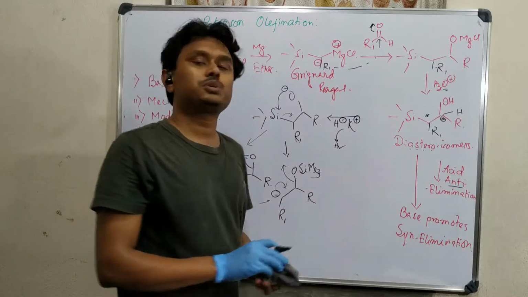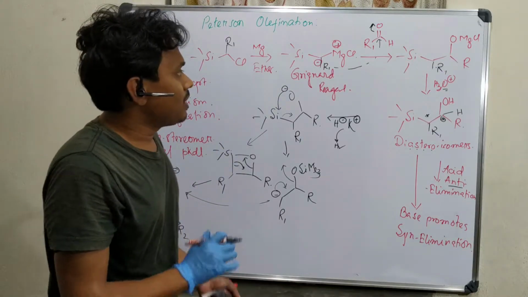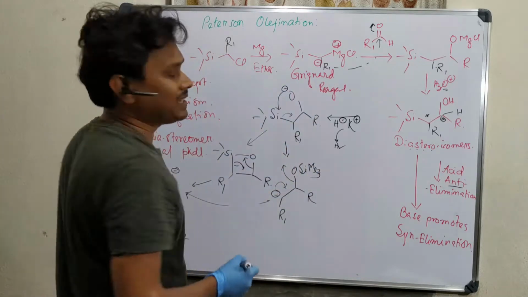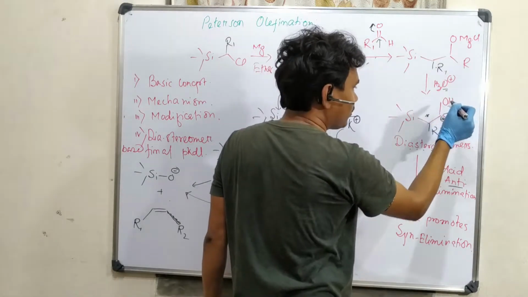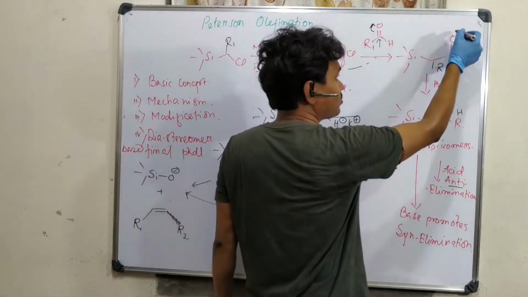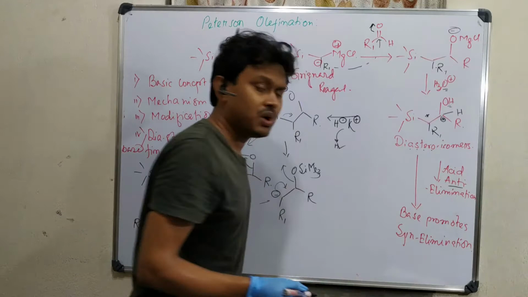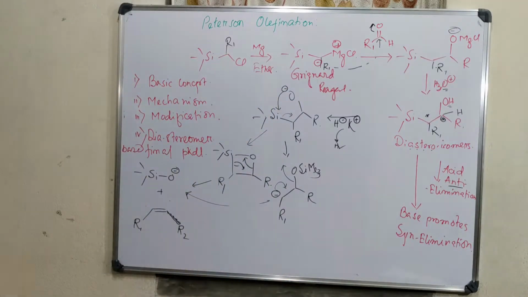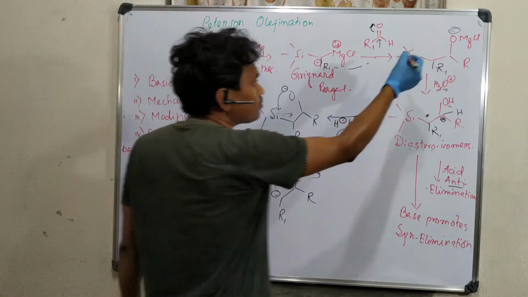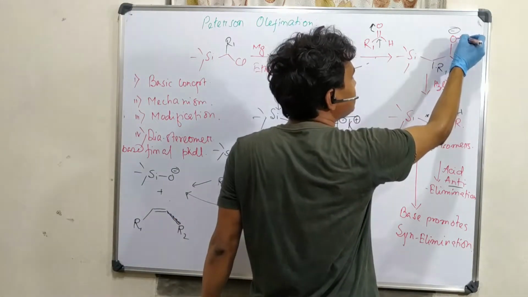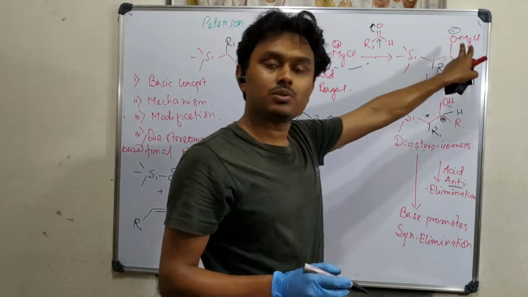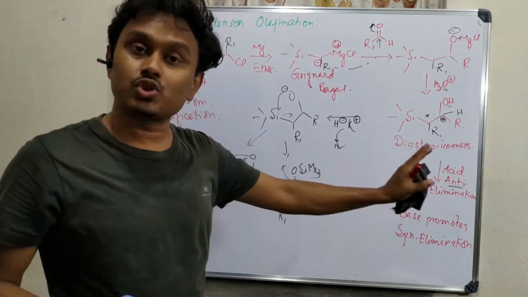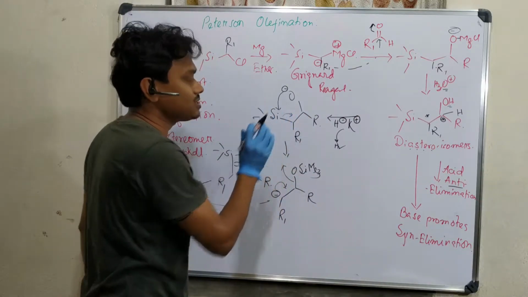Now here one question appears. For example, I am generating O minus, and after hydrolysis I am producing OH, then O minus. Previously it was also O minus in the case of magnesium. But why did this not happen at that time? Here it is happening because of the strength of the O-Mg bond. Magnesium is a 2p, oxygen is also a 2p, so this bond is stronger, and that's why this donation is not possible.